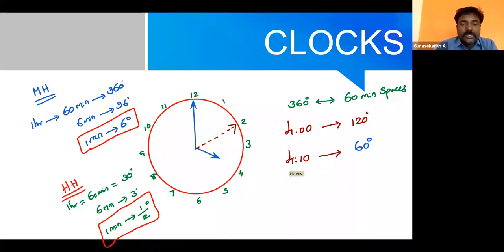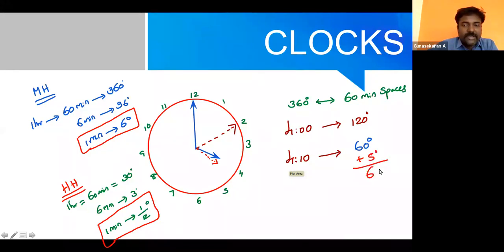Understand? So in these 10 minutes, how much would it have moved? Every minute it is moving half a degree. So in 10 minutes, it will move 10 into 1 by 2, that is 5 degrees.